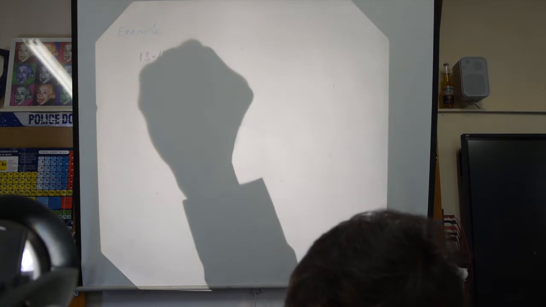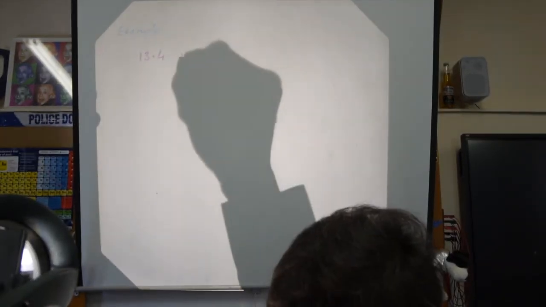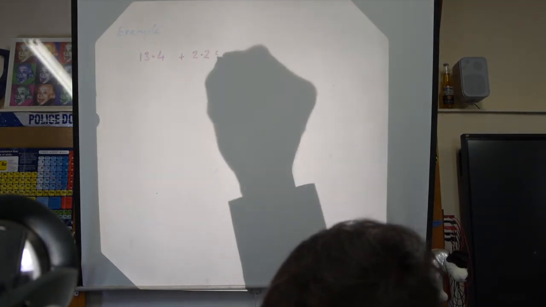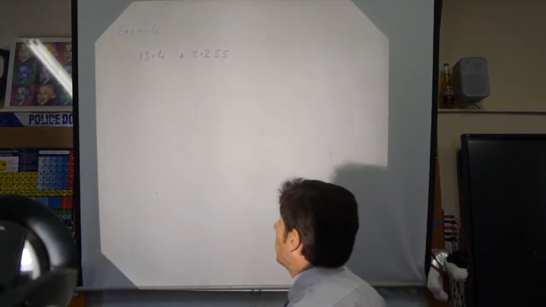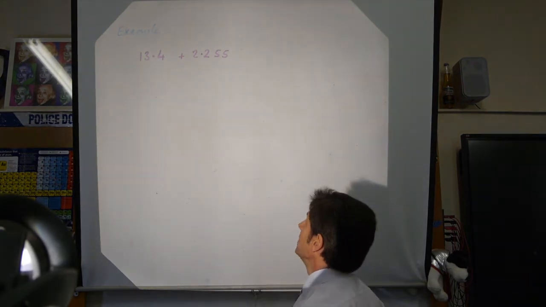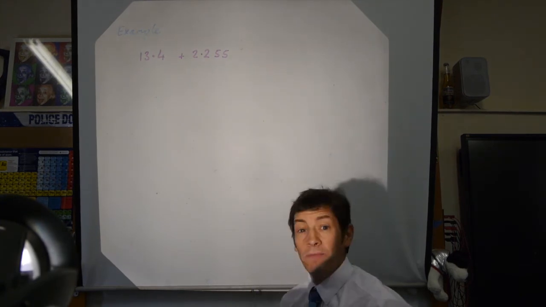Let's add 13.4, you can imagine it's meters if you so wish, and let's add that to 2.255. You'll note straight away I've got two numbers here quoted to different numbers of significant figures. I've got 3 of them there, and I've got 4 of them there.